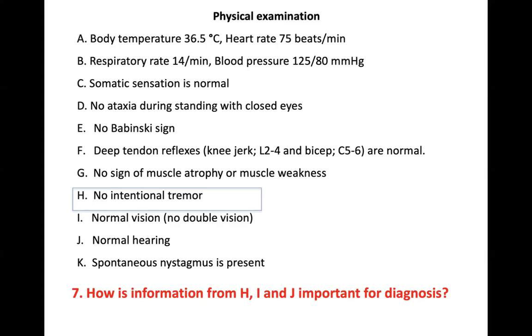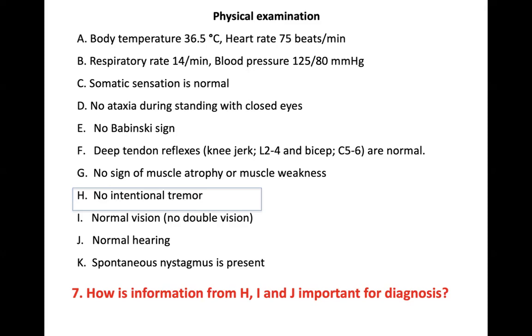So the patient has normal vision, and double vision can occur when there's cranial nerve dysfunction that affects eye movement control. So with normal vision, there's no nerve dysfunction that affects this.